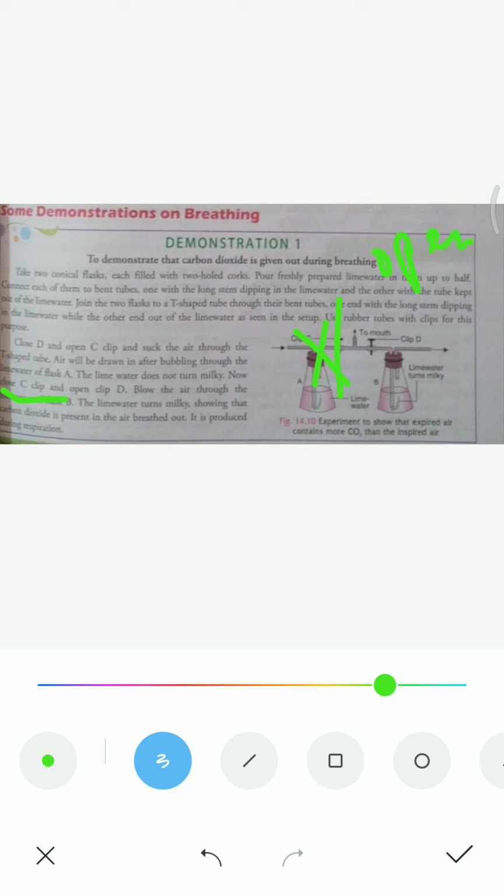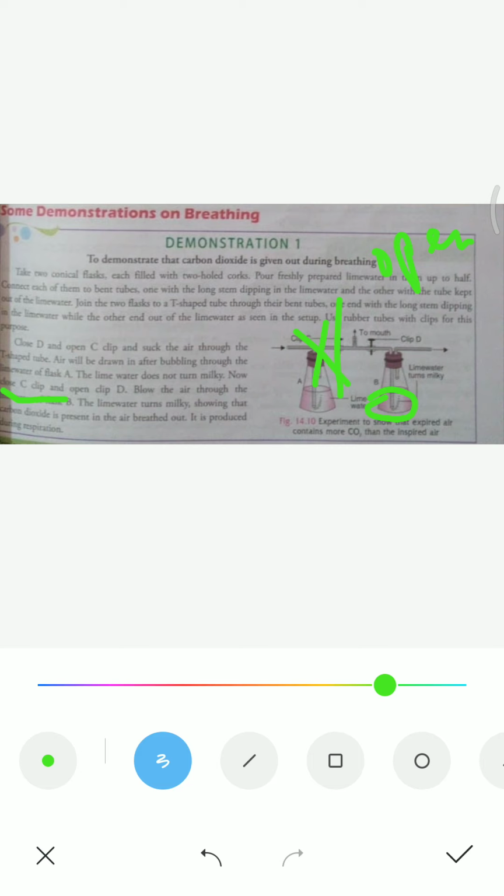As the person blows the air, it moves directly inside the lime water. Because the tube opens inside the lime water, the lime water receives the carbon dioxide directly, and as a result we see that the lime water turns milky, showing the presence of carbon dioxide in the breathed out air, in the process of expiration.